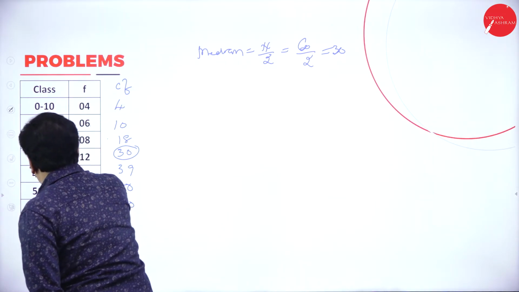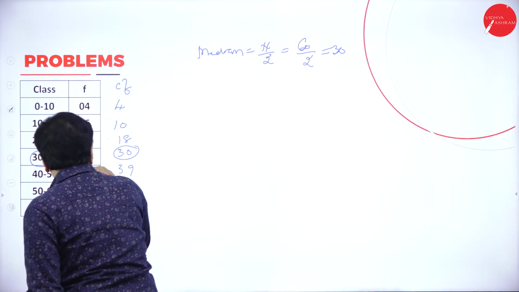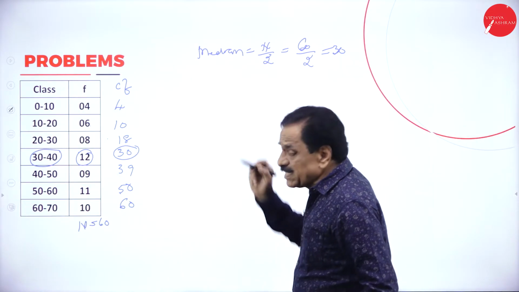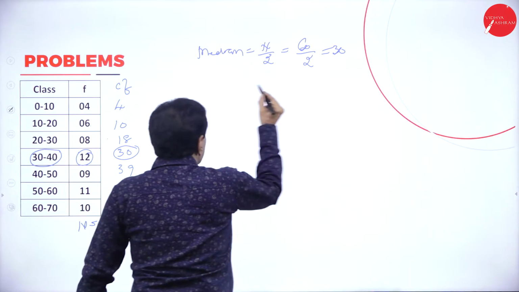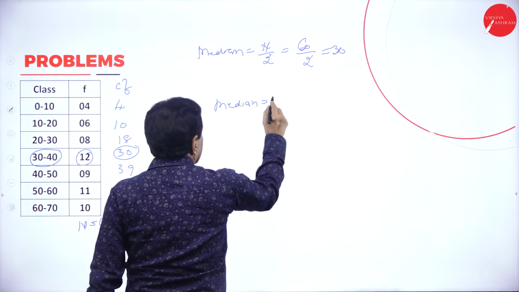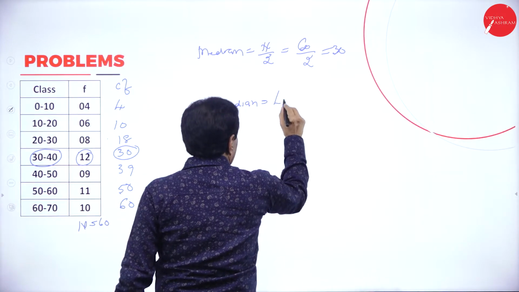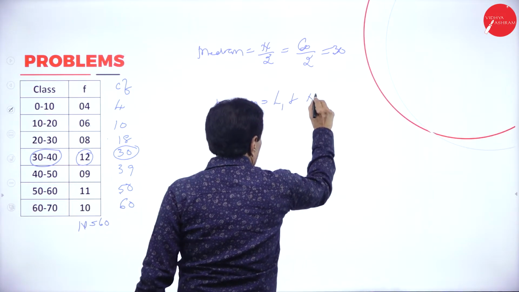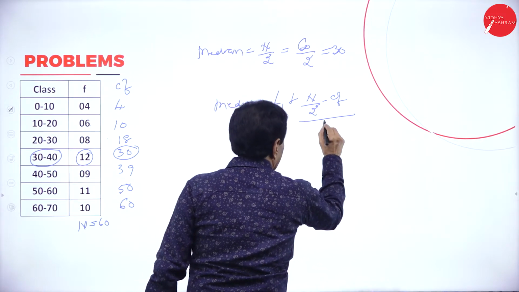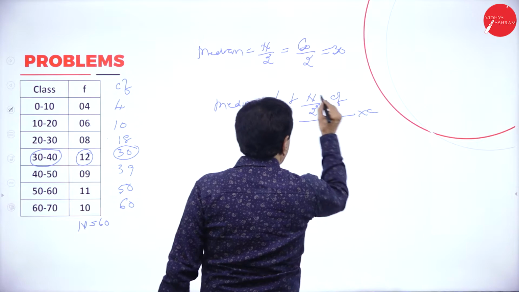Your class is 30 to 40. Your frequency is 12. So where does this 30 lie? Apply the formula. Median is equal to L1 plus n by 2 minus CF over F into C.